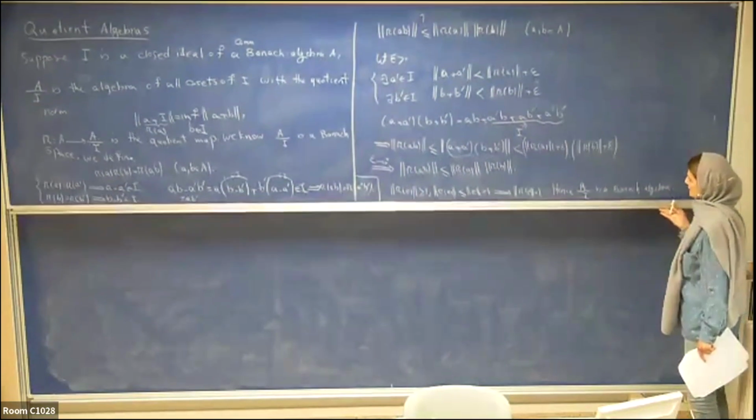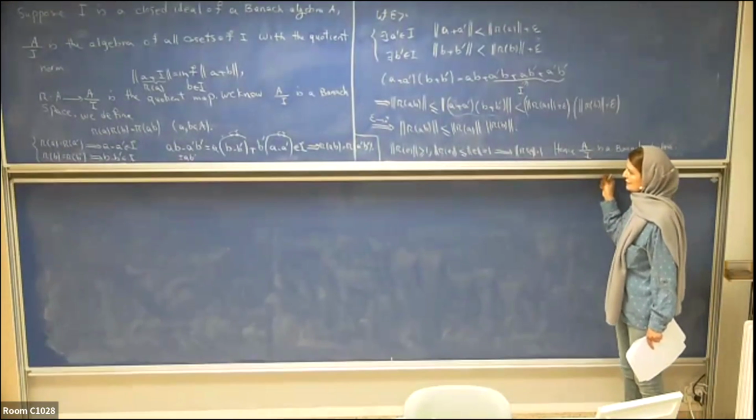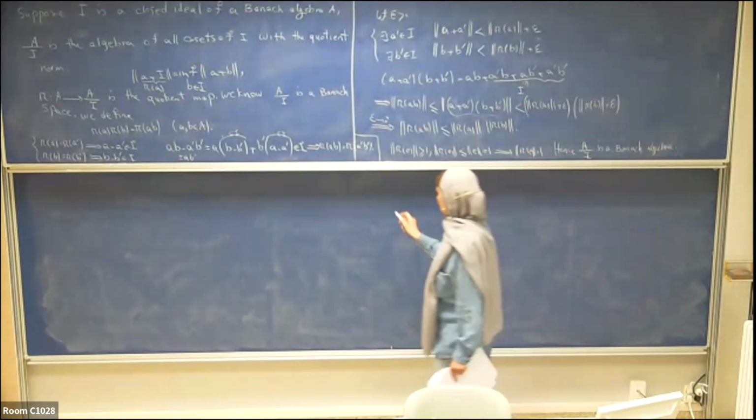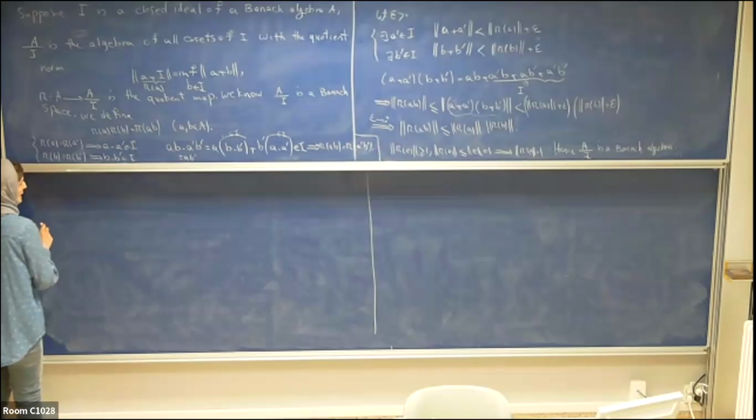And now we want to make a relation, as I told you, between the elements in the character space and the maximal ideals of A. And I state this theorem, which has some parts.